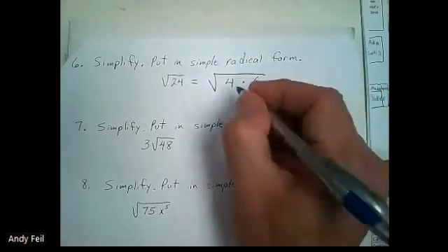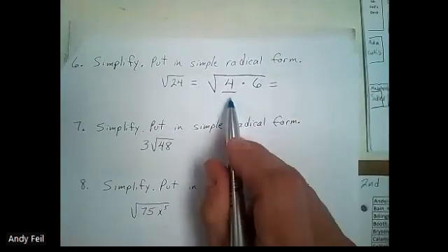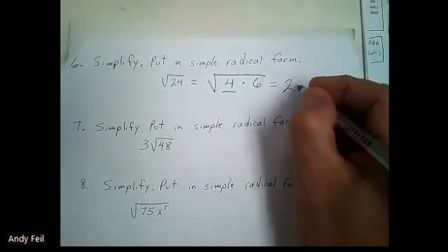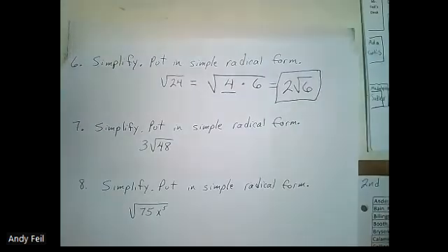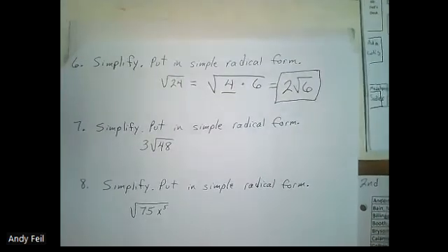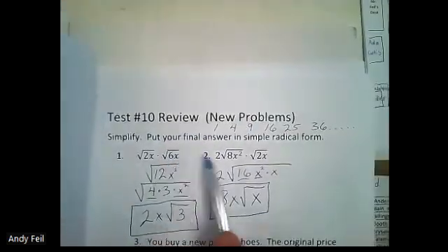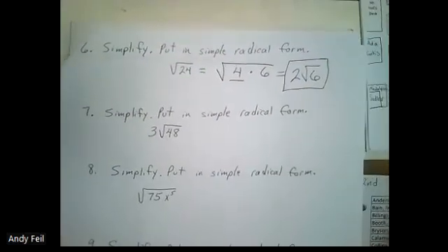Yeah, 4 is perfect. 6 is not perfect. So when the 4 comes out, it becomes a what? A 2. The 6 is imperfect, so it has to stay inside. Remember doing that? Very similar to what we did on the first 2 problems. The difference was in the first 2 problems, there were X's in there. X's make everything more fun, right?